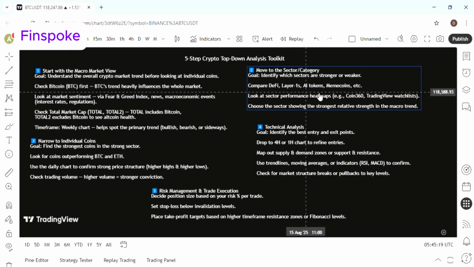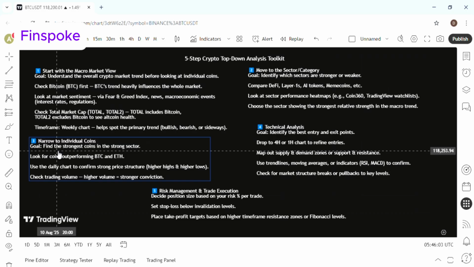You want to identify the one that is stronger because the stronger ones is where the money flows in. That's where the money is. You want to make money in the industry, right? So the weaker sector doesn't have much money in there. Choose wisely. Choose a sector that is showing the strongest relative strength in the macro trend.